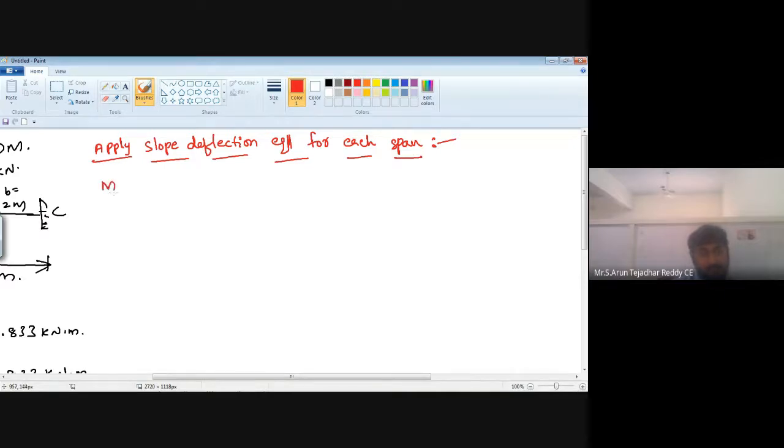Suppose I take MAB, the first term is the fixed end moment for span AB, plus 2EI by L into, the first term is A, so twice theta A plus the second term, theta B, minus 3 delta by L is common.